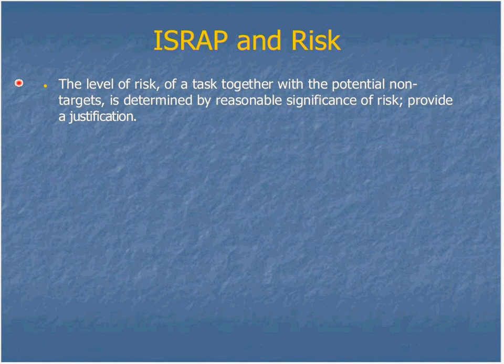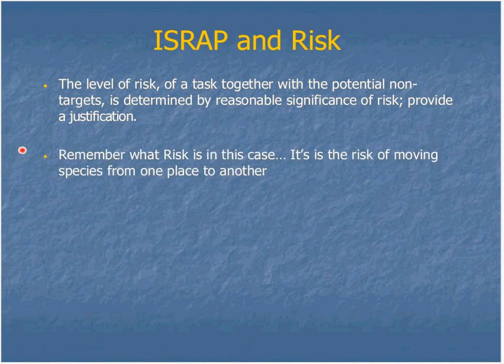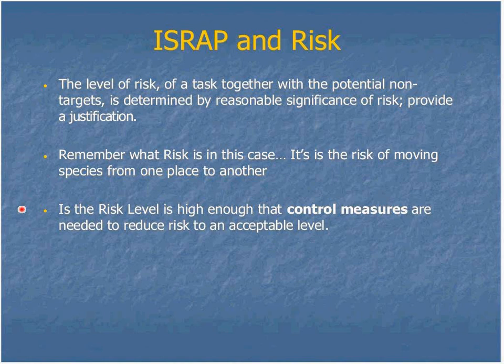So we're looking at the risk of moving species with particular tasks, moving species from one place to another, and whether or not the risk is high enough that control measures are needed to reduce the risk to an acceptable level. We're talking about reducing risk, not eliminating risk.